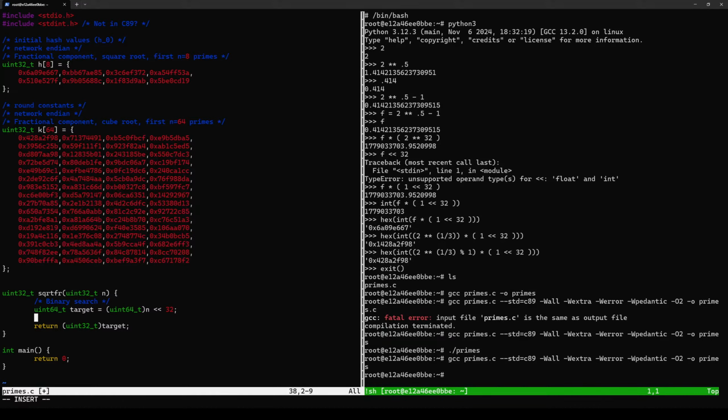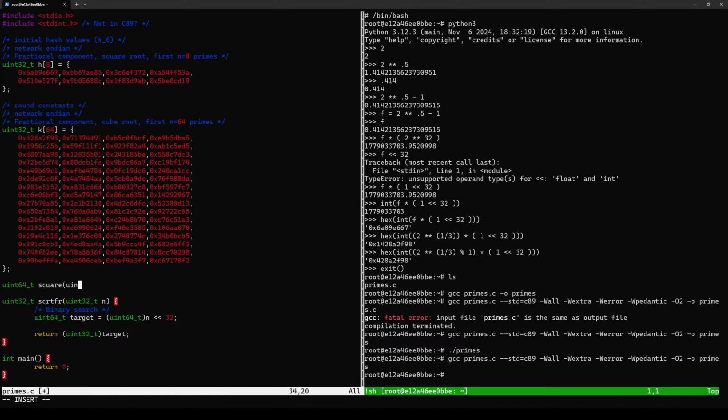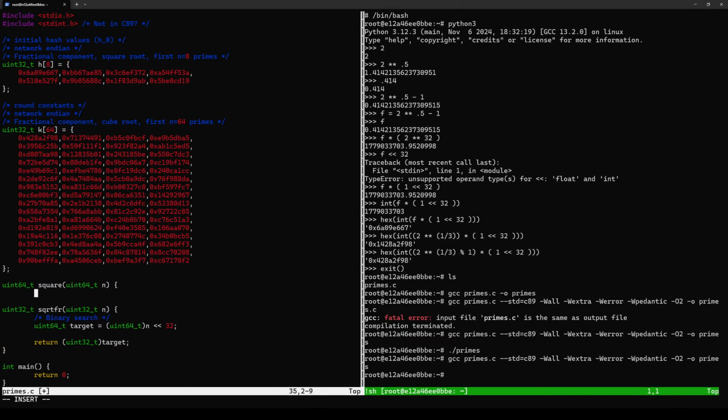So I am going to write a helper function that is going to square. And it's not going to be a real square. It's going to be some other kind of square that's going to square not a uint64_t, right? But the notion of a fractional number stored in a uint64_t. And so how's this going to work? I'm going to multiply n times n with the understanding that I'm multiplying things that are 2 to the 32nds, or fractional 1 over 2 to the 32nd, right?